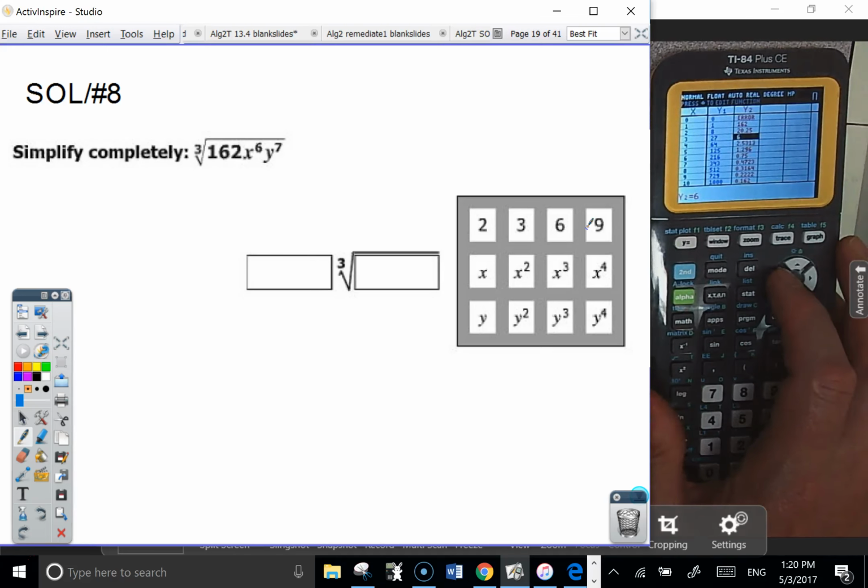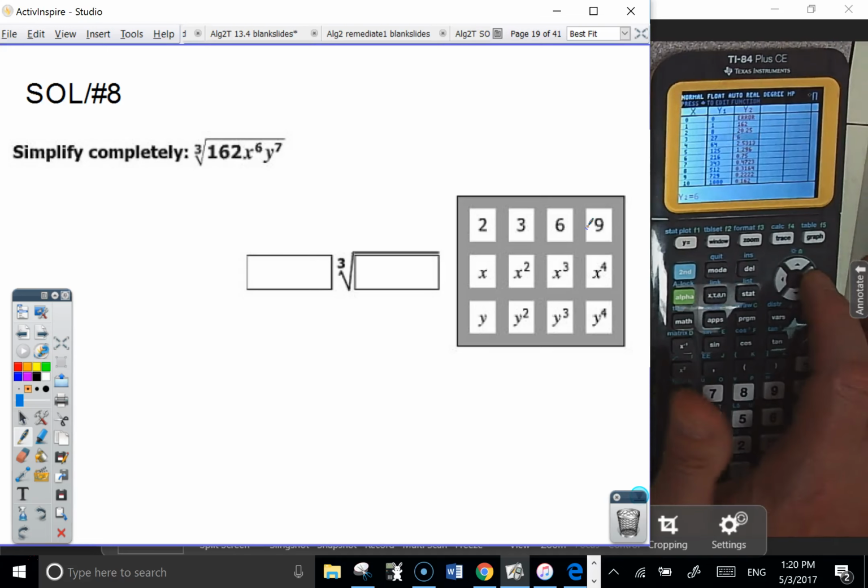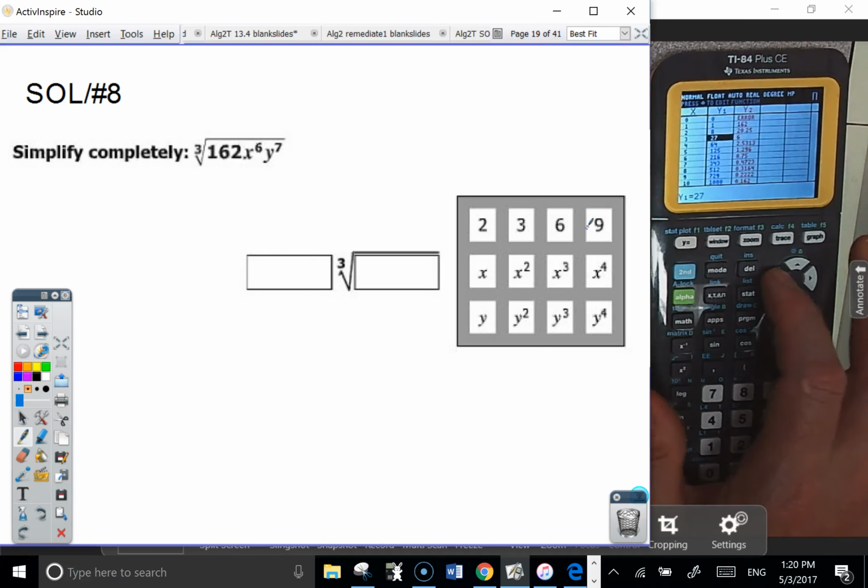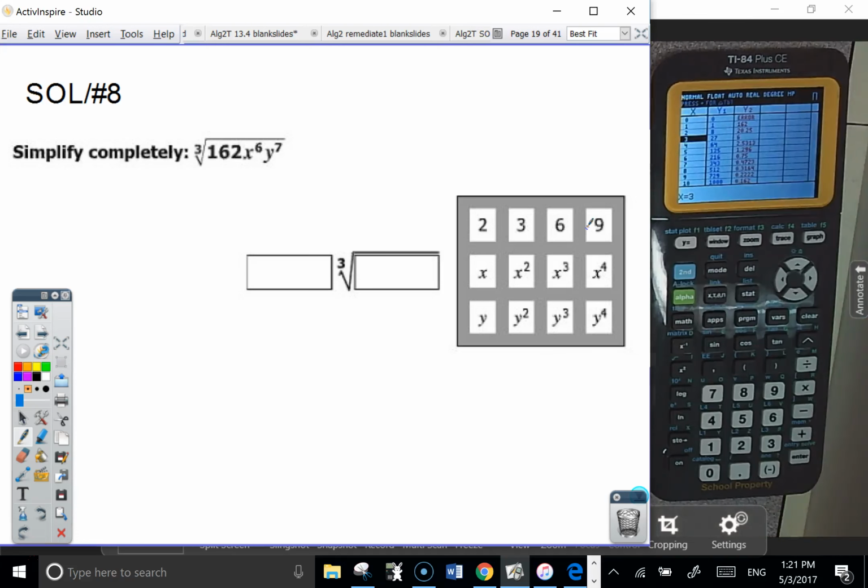So actually, I could split this up. This is 27 times 6, and the cube root of 27 is 3. So that's how we're going to split it up. In fact, it'll be 3 times the cube root of 6.